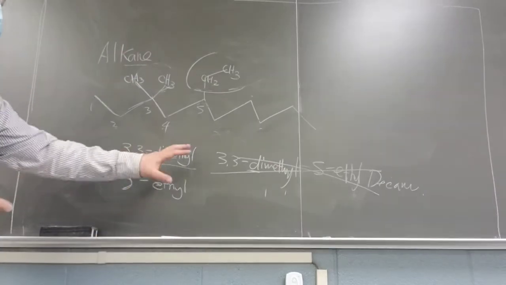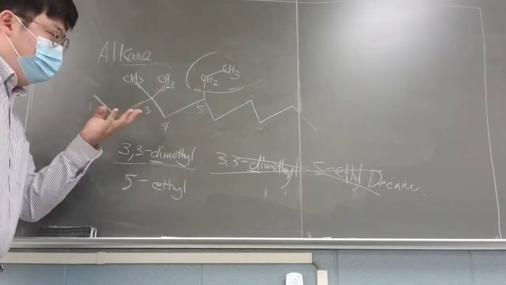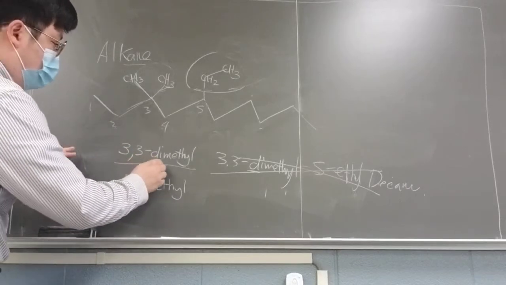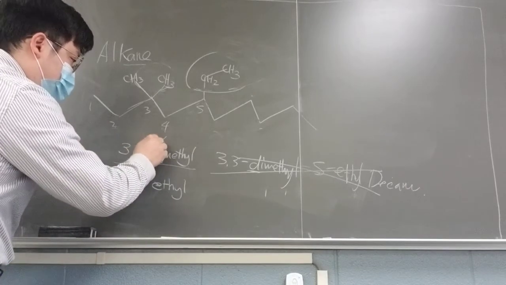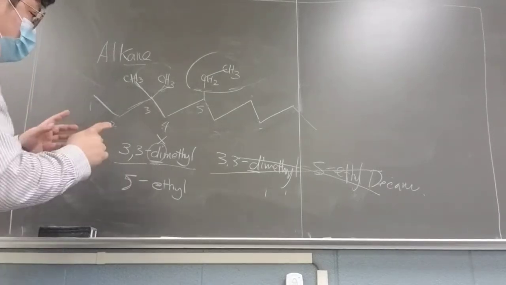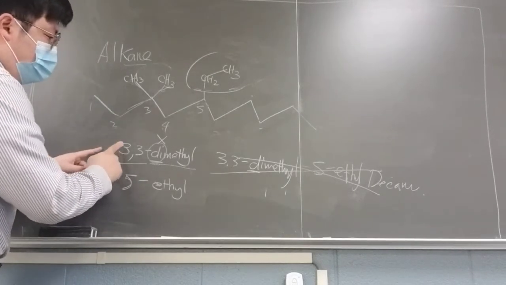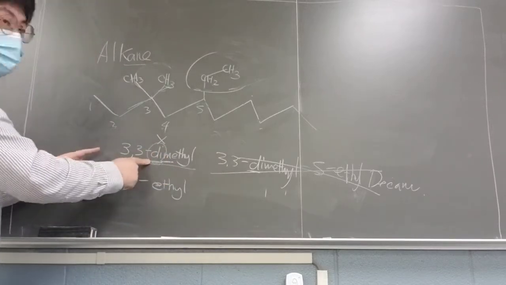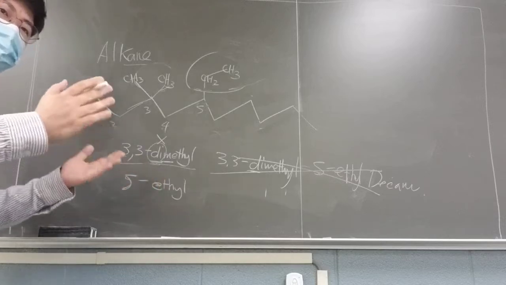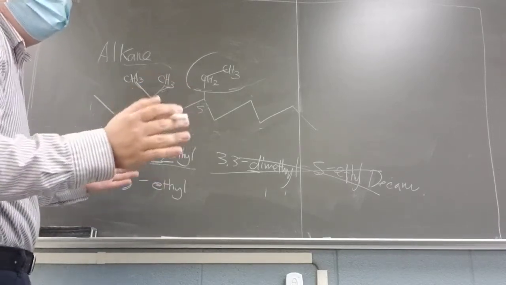wrong. Okay, so whenever you do di, tri, tetra, penta, hexa, and so on, those are not counted for alphabetical order. So you still count this as M, not D. Okay, same thing for tri, not T, but still M. So everything is that way.